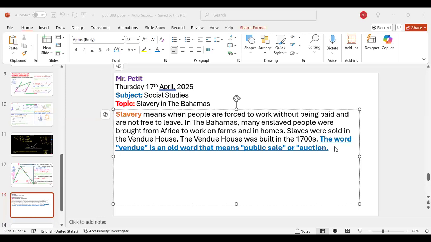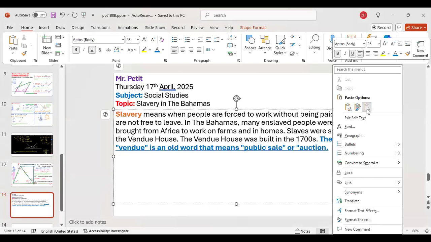Very good. So inside the Vendu House, they were auctioned off to the highest bidder. You're familiar with auctions, right? Where it's $100, $200, $300, sold. That's what we mean by auction.